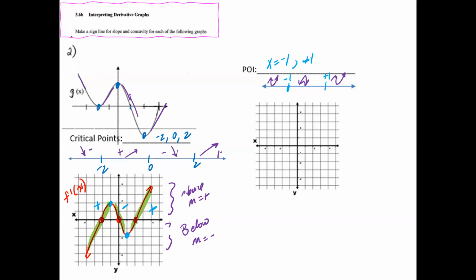So then let's go ahead and take a look at the graph here. You're going to be plotting -1 and +1 right here, and then we're going to go ahead and draw this. Remember, if it is above, it is concave up. If it's below, it is concave down. So left of -1, it's concave up, so it is going to be above.